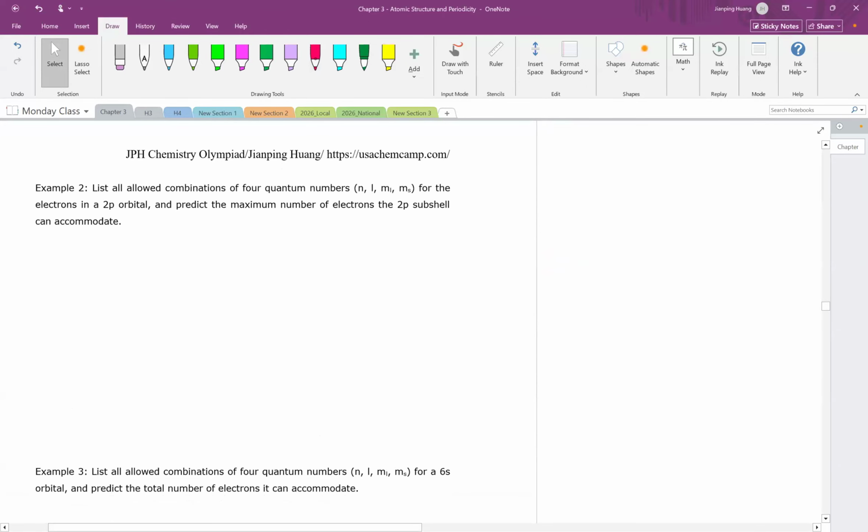Sample 2, you list all possible combinations of N, L, ML, MS. Now go back. Look at the first one. For hydrogen atom, the energy level is determined by N, only hydrogen. Do you remember? If more than one electron, the orbitals are splitting, right?